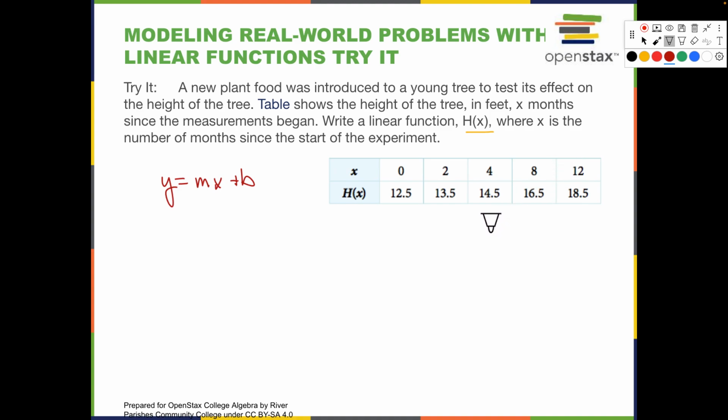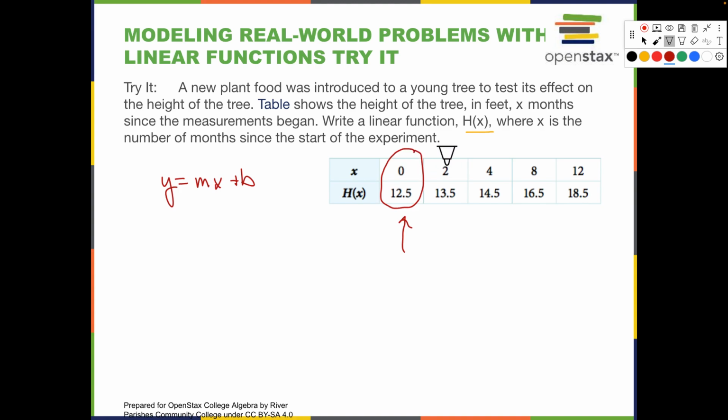Any point you want, right? And how many points do we need? 2. What would be maybe one of the best points to choose? Probably first and second. Very good. Certainly the first. Why is this one so good to choose? Because of the 0. It's actually the y-intercept, right? This is our value for b. If we use it, it's going to make our lives much easier.